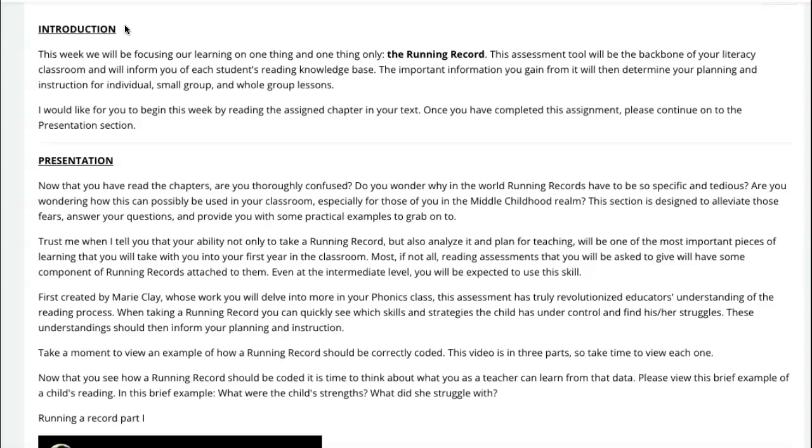Now that you are going to be reading about running records, yes, you're going to be thoroughly confused. Do you wonder why in the world running records have to be so specific and tedious? Are you wondering how this can possibly be used in your classroom, especially for those of you in the middle childhood realm?